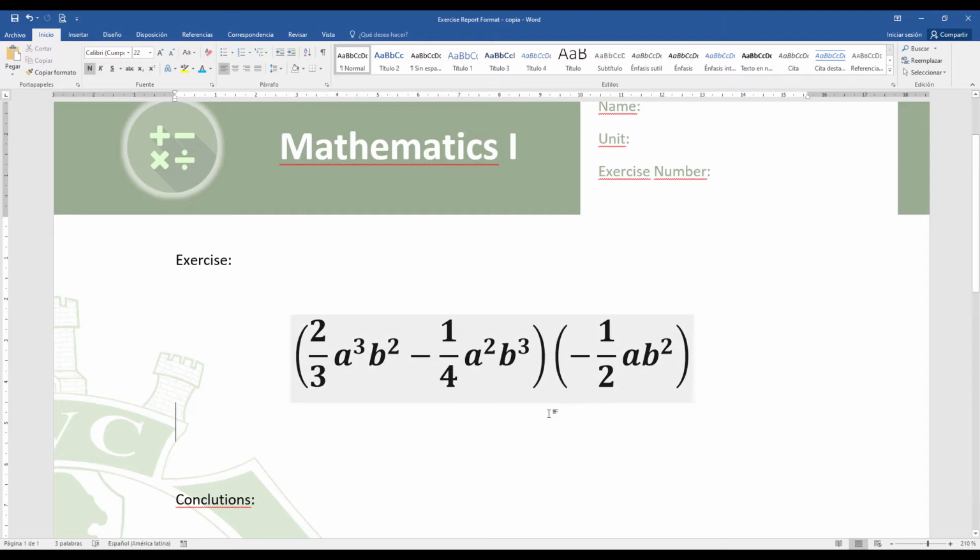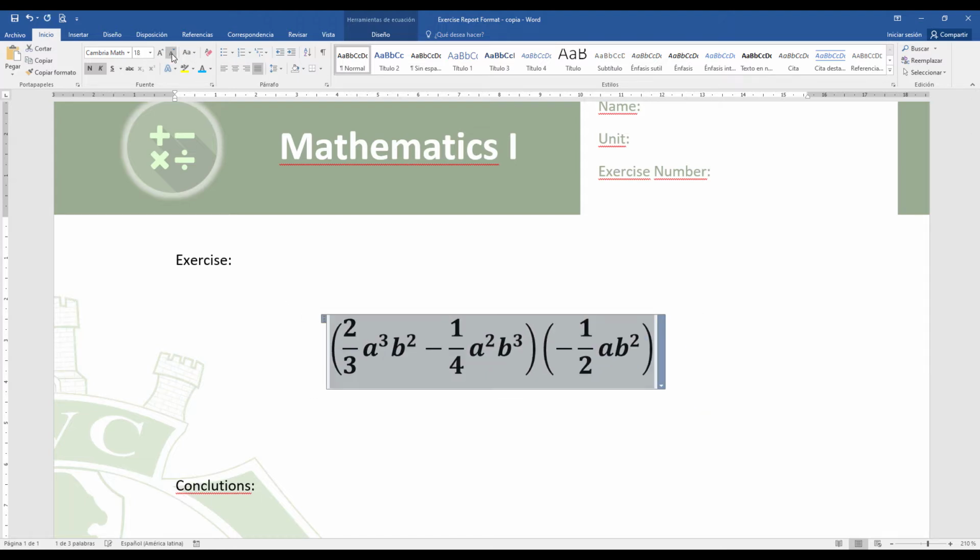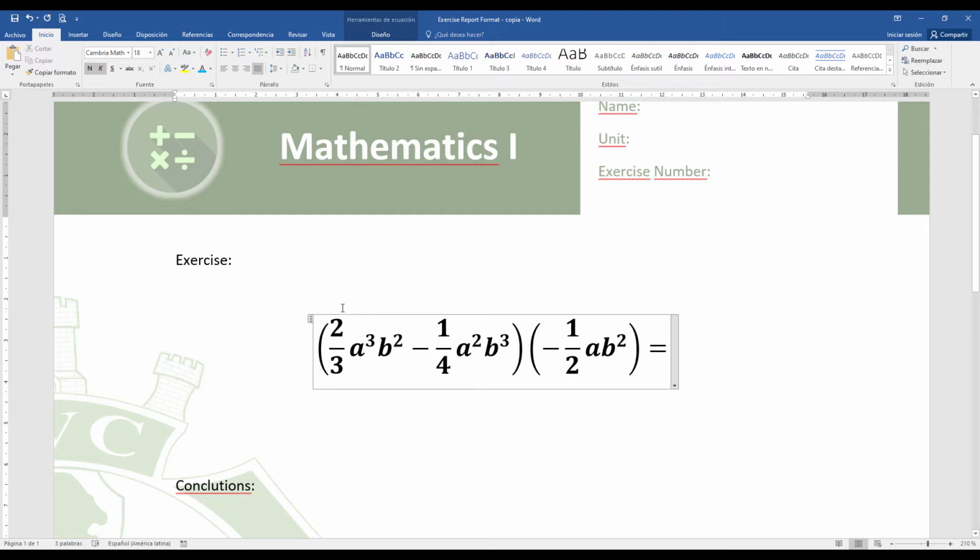Okay, this is the part of the multiplication. What you have to do here, check. Let me make it a little smaller. You are multiplying, so you need to multiply first the coefficients.